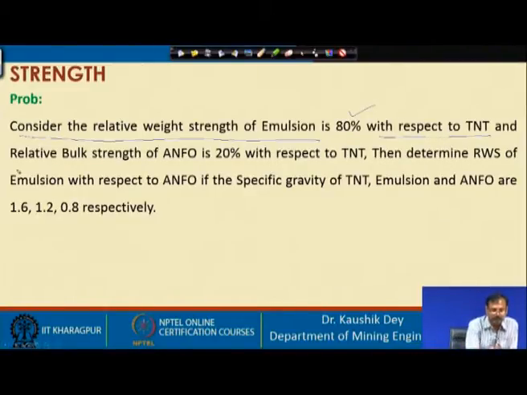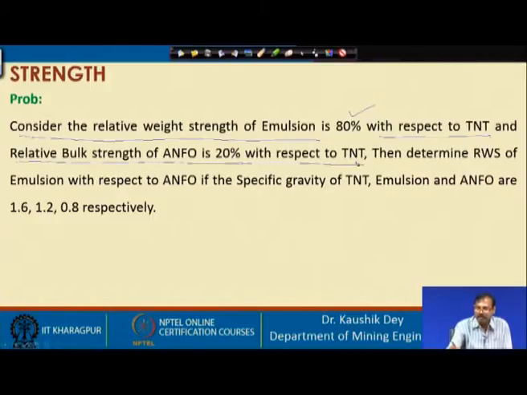The second statement given: the relative bulk strength of ANFO is 20% with respect to TNT. That means 1 meter cube of ANFO exerts 20% of the energy produced from 1 meter cube of TNT.